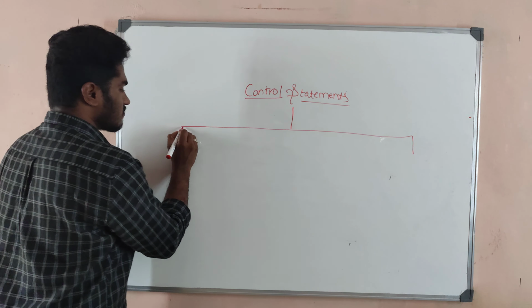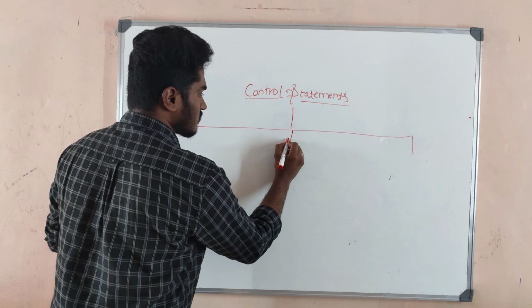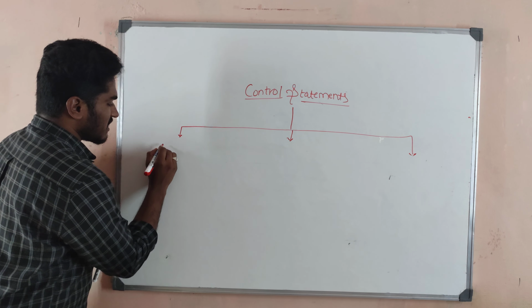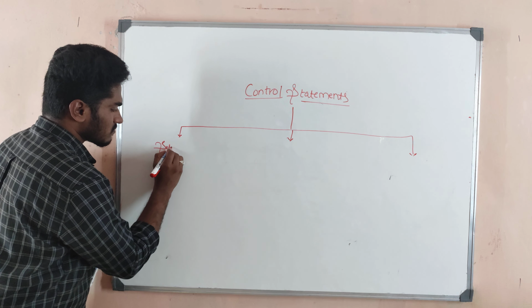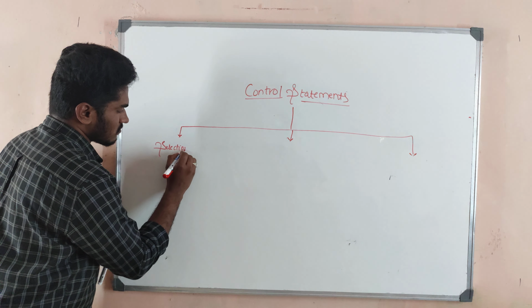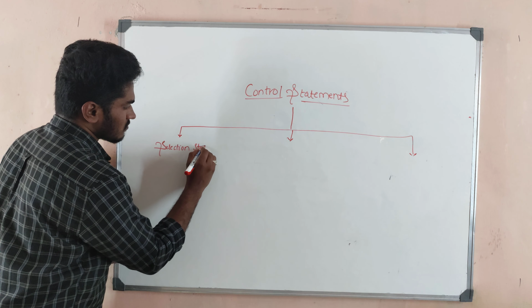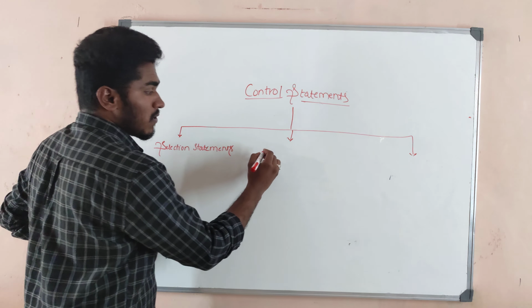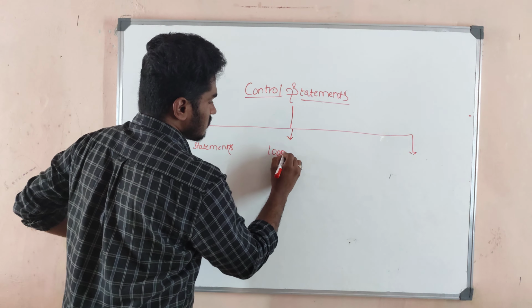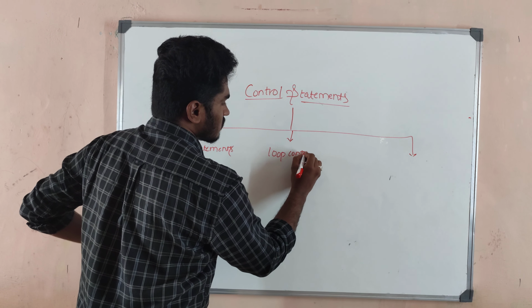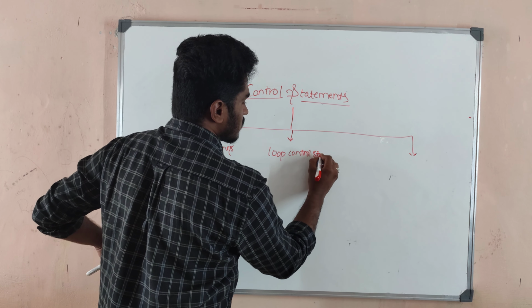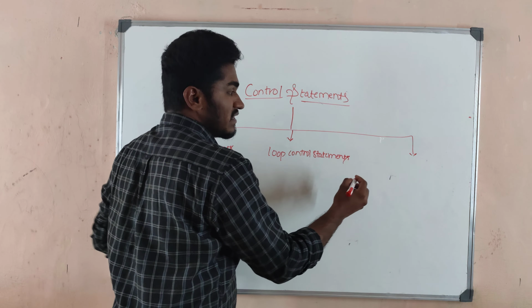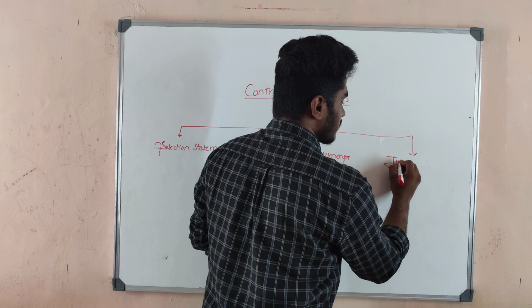So they are selection statements, next loop control statements, and then jump statements.